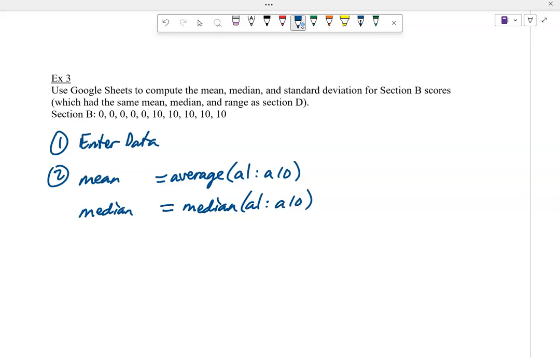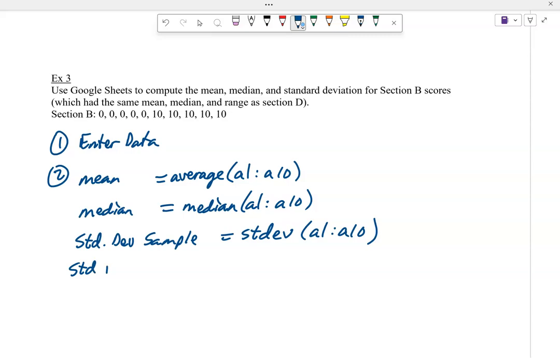To find the standard deviation of a sample, you say equal STDEV, and then you tell it what data, from where to where in that column.